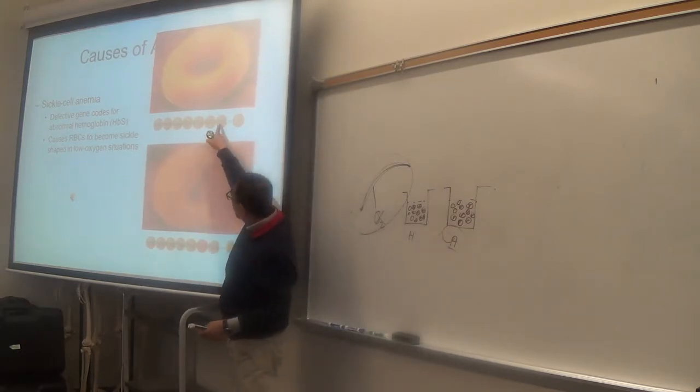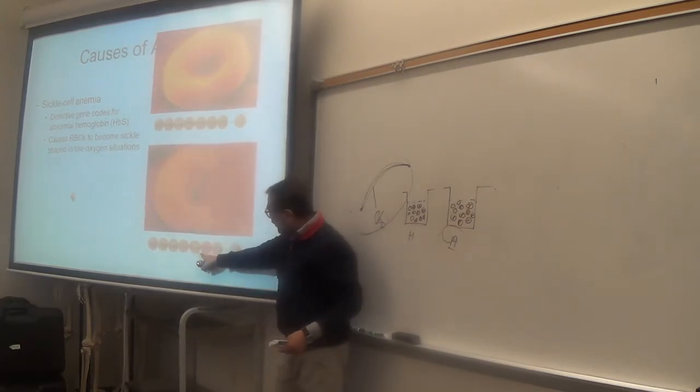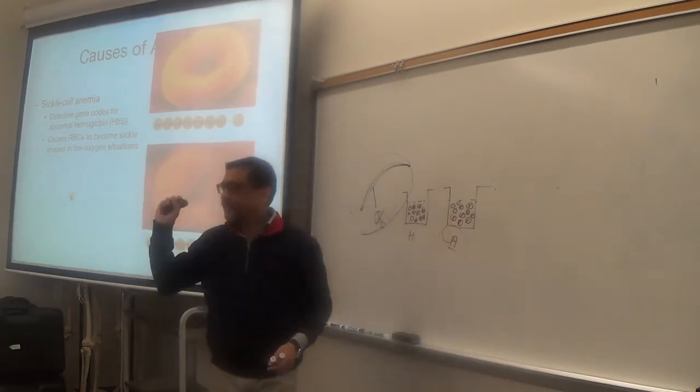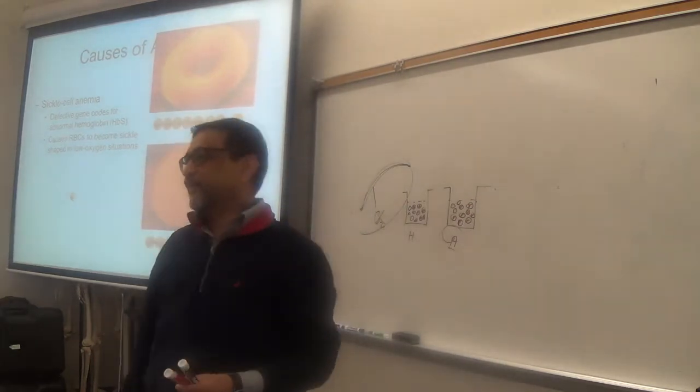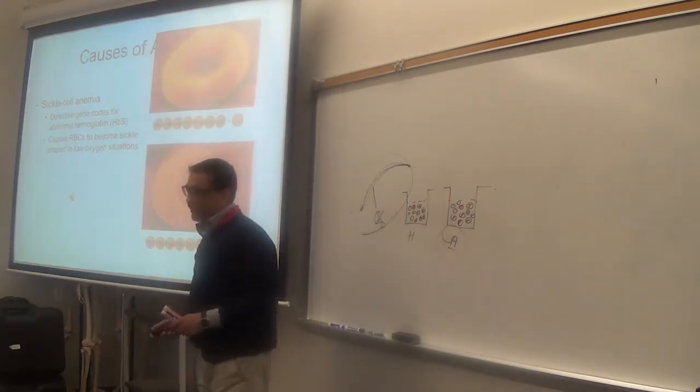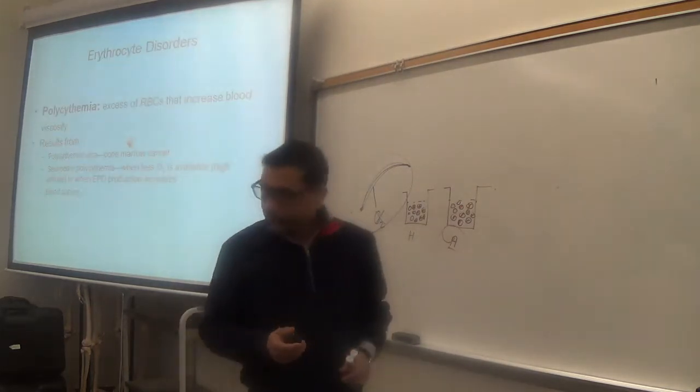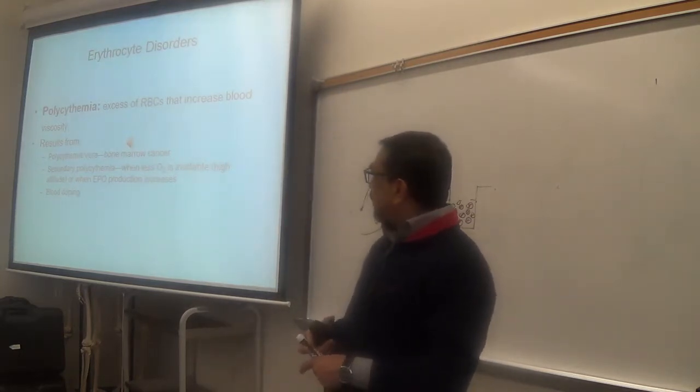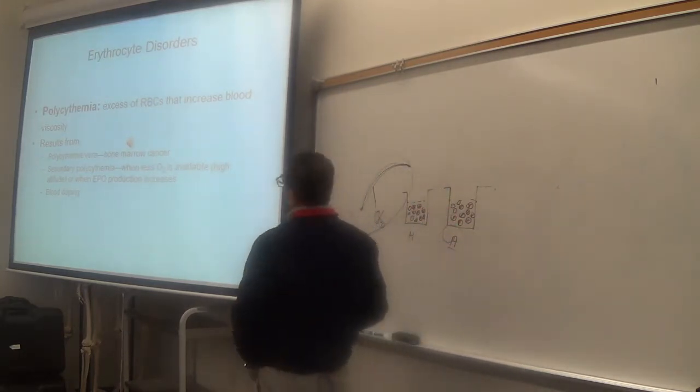What is that? You see, instead of glutamine here, you have valine. So glutamine is replaced by valine, and that causes the change of the hemoglobin. Okay, so those are different types of anemia.